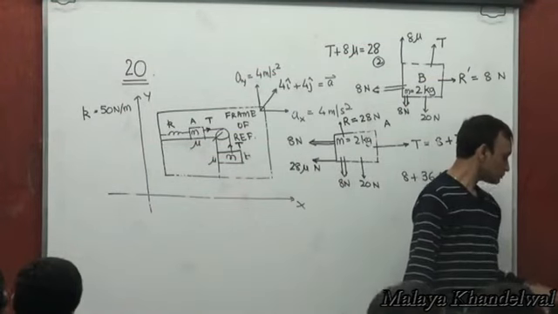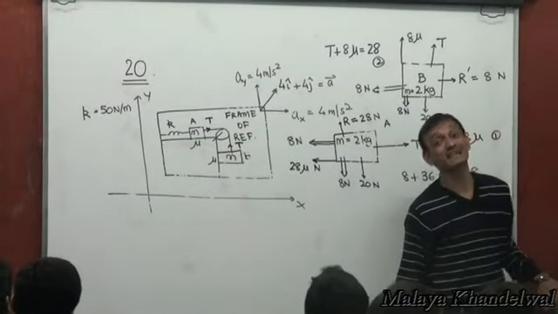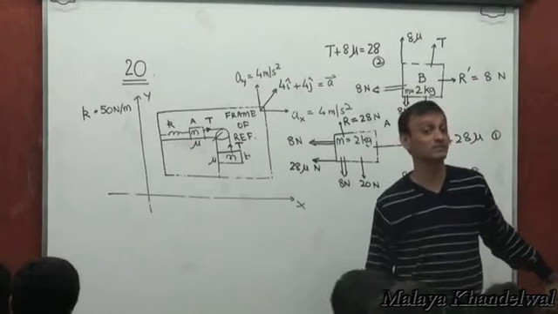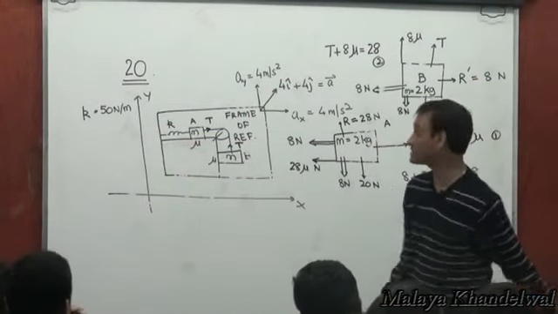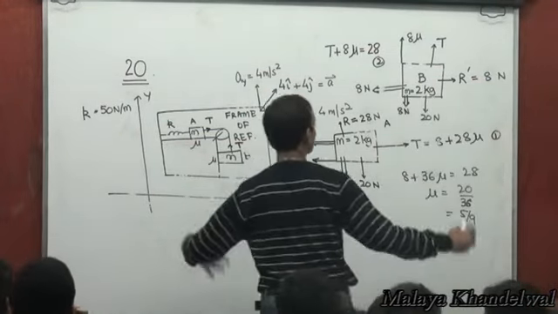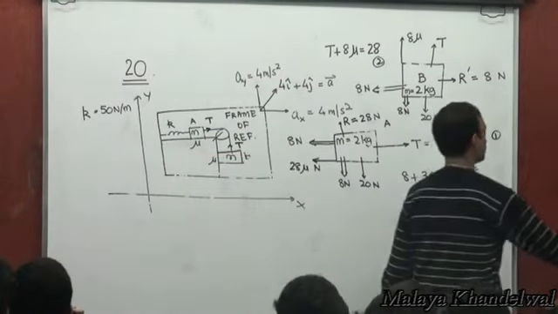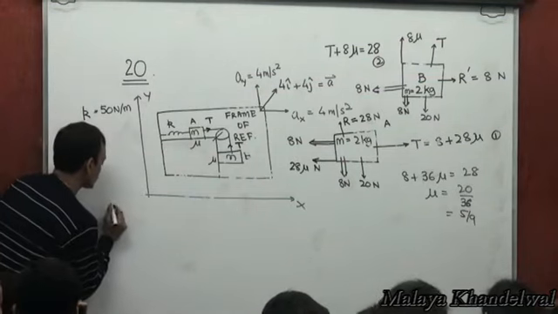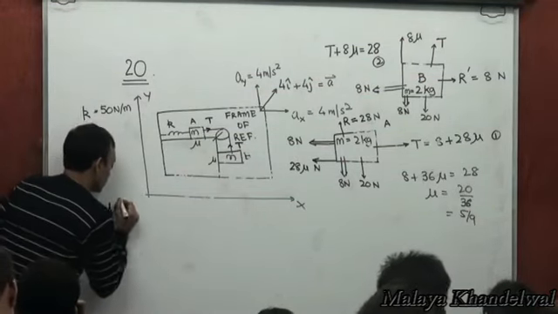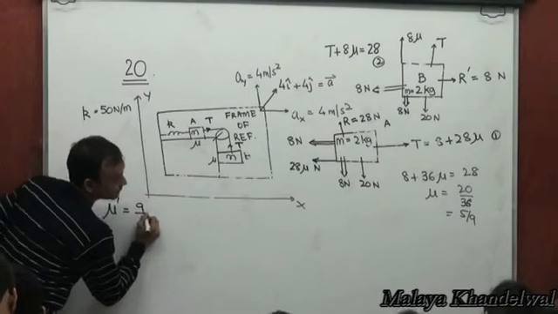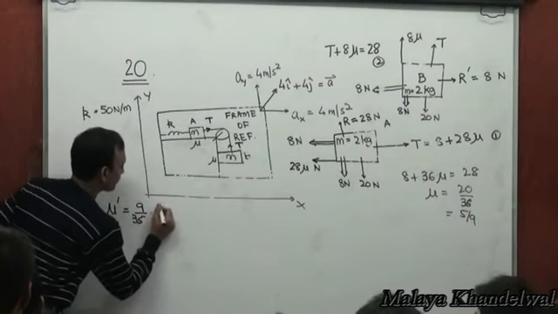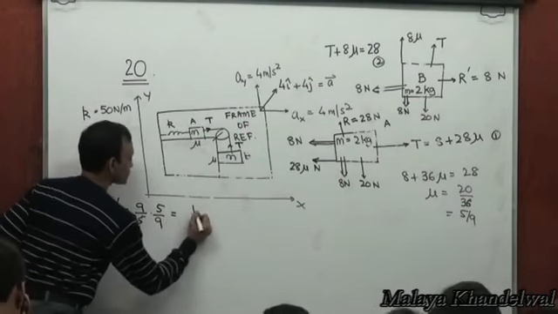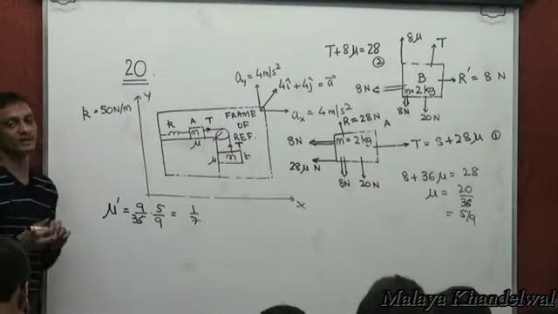So calculate the maximum extension of the spring under such a situation. So then, the new mu, call it mu prime, which is 9 by 35 of 5 by 9, is 1 by 7.